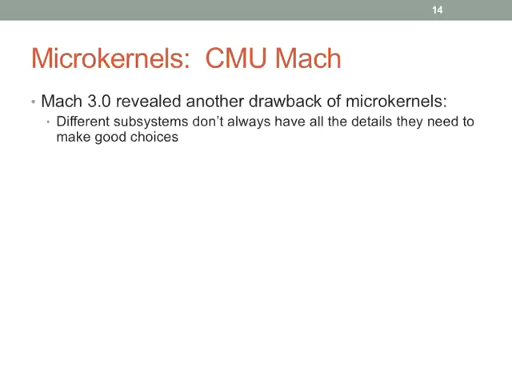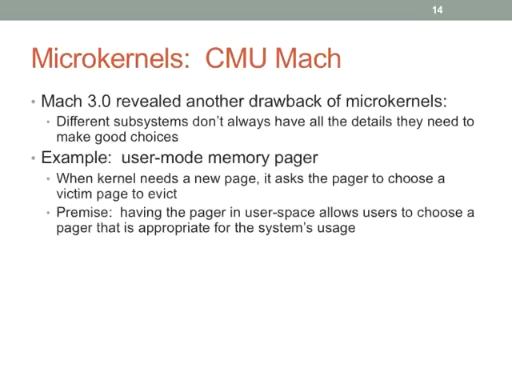Okay, so another issue, we'll try to speed up here, is that Mach 3 uncovered another issue with microkernels, which is that these components that are managing things don't always have all the information they need to actually solve the problems they're responsible for solving. The virtual memory pager is a really good example of this, where it's required to make a decision about what page should be evicted across all the processes in the system.